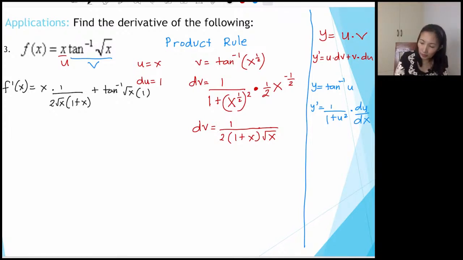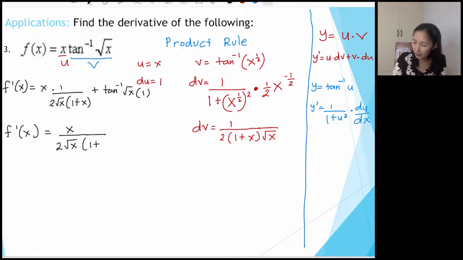Let's continue further. F prime of x, therefore, is equal to x over 2 square root of x times 1 plus x, plus arctan of the square root of x.